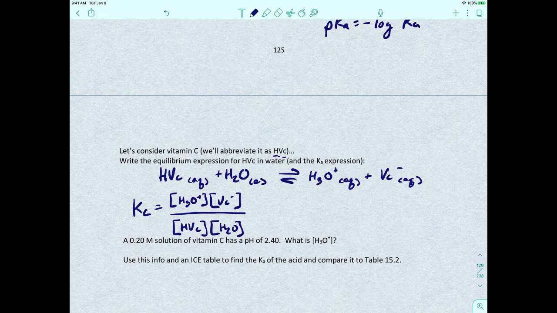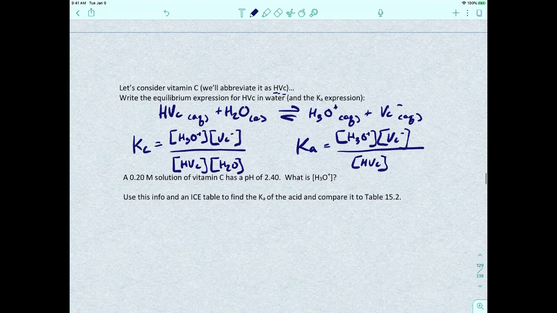We said that the concentration of water is constant, and if we multiply both sides by the concentration of water, that gives us our Ka expression. So the acid ionization or dissociation constant would give us the concentration of H3O+ times the concentration of ascorbate ion divided by the concentration of ascorbic acid. All right, so there we go.